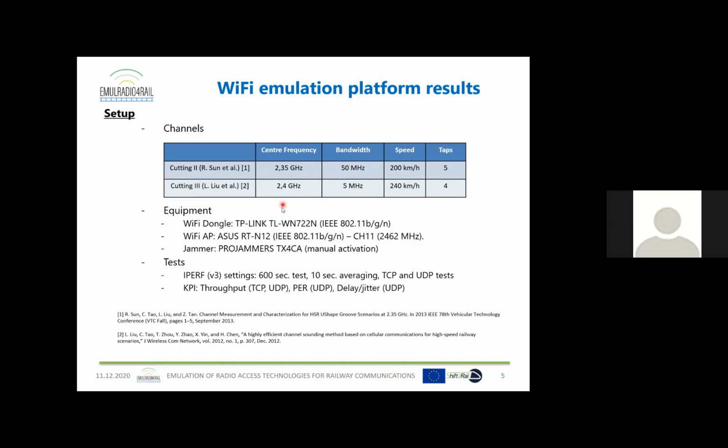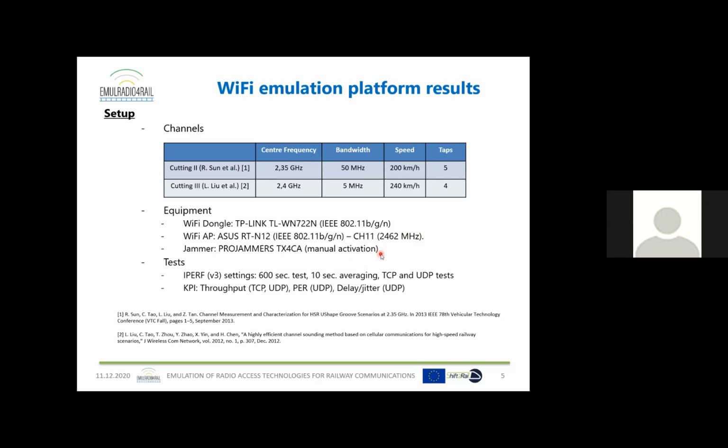These are Wi-Fi 11 VGN devices, and we have configured the access point on channel 11. As a jammer, we have used a jammer that it is not possible to control via software. It just has some buttons and a power selector.